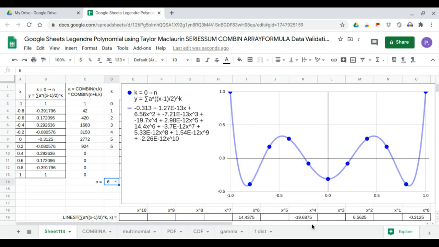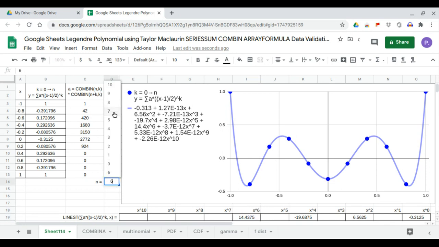N equals 6. The Legendre polynomial y equals 0.313 plus 6.5625, which is this, x squared, minus 19.68 x to the fourth, which is this, plus 14.4375 or 14.4 x to the 6.